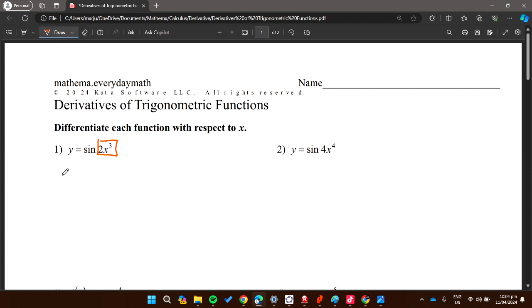That will give you 3 times 2, x to the 3 minus 1, that is x squared, or simply 6x squared.